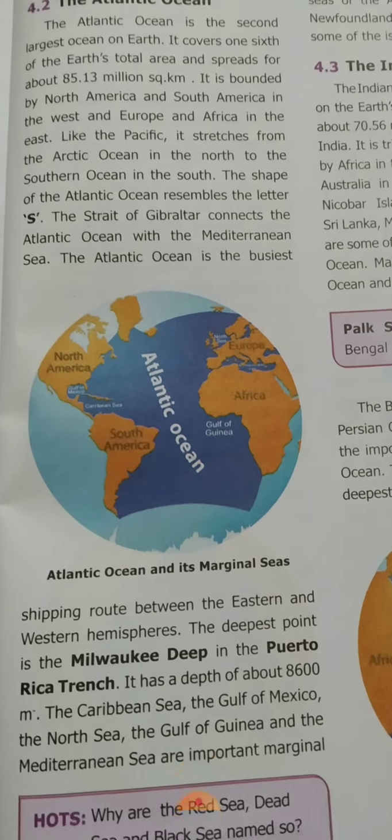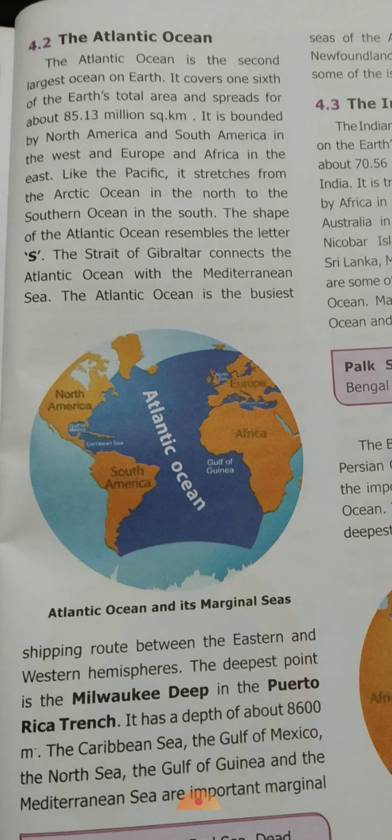Next one, Atlantic Ocean. The Atlantic Ocean is the second largest ocean on earth. It covers 1/6 of the Earth's total area and spreads for about 85.13 million square kilometers. It is bounded by North America and South America in the west and Europe and Africa in the east.